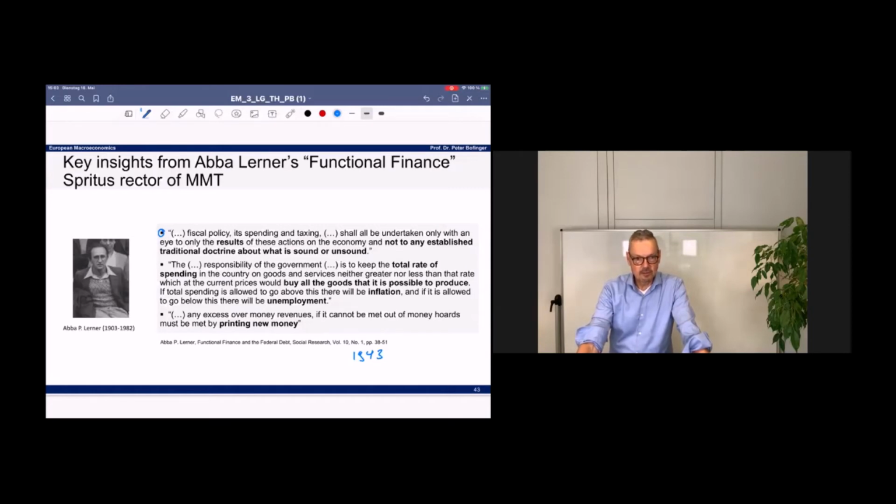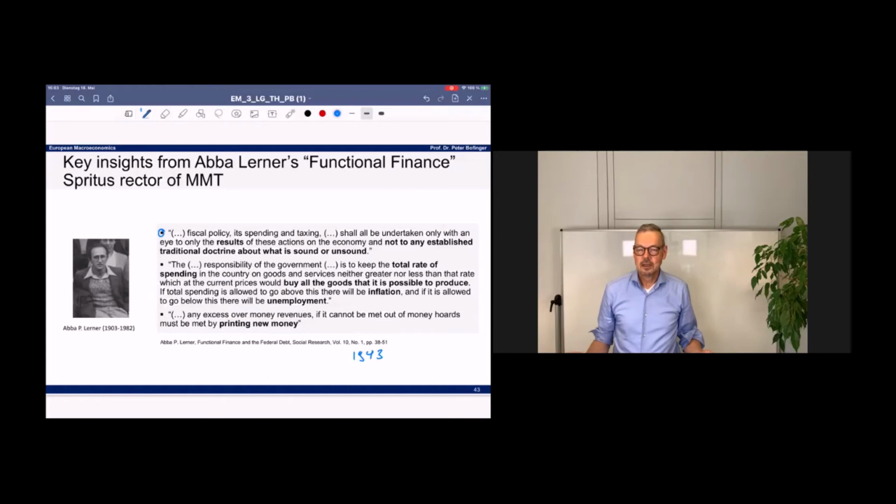I think the black zero is a typical example of what Lerner has in mind when he talks of an established traditional doctrine about what is sound or unsound. This black zero is really a masterpiece, so to say, of a doctrine that has become a power of its own.